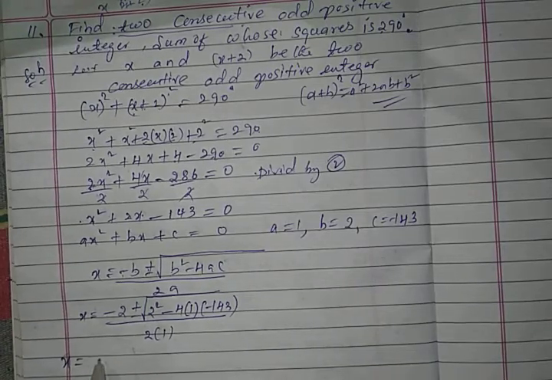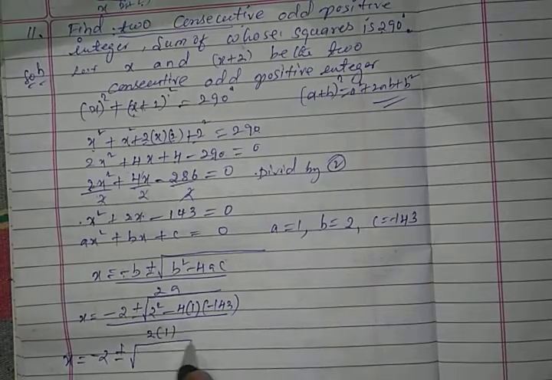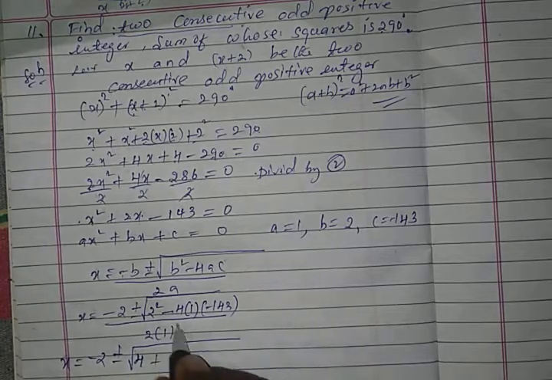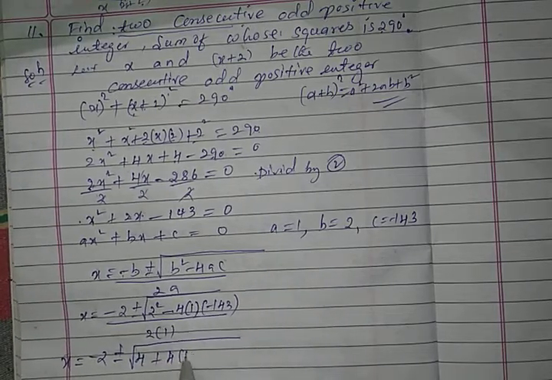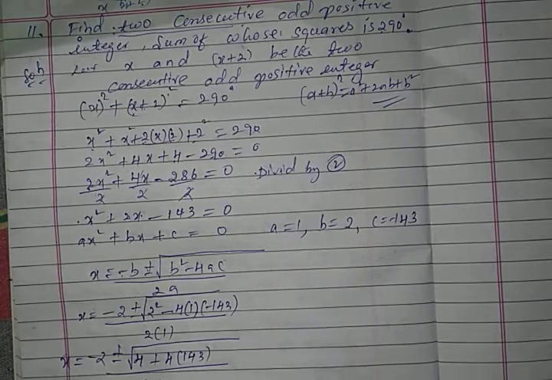Then x is equal to minus 2 plus or minus square root of 2 square is 4, minus into minus is plus, 4 into 1 is 4, into 143, whole divided by 2 into 1 is 2.